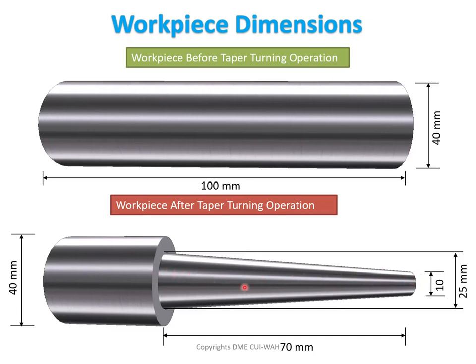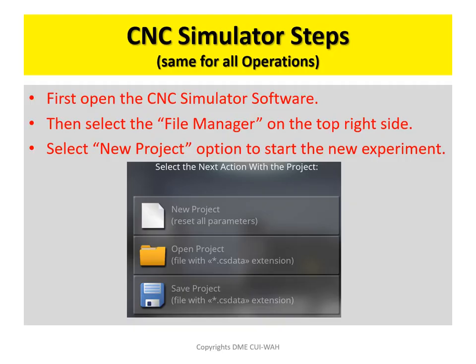In taper turning, diameter continuously decreases from left to right and in this case, dia is continuously decreasing from 25 mm up to 10 mm. This is taper turning, and this one is step turning. Here diameter is 25 mm and there diameter is 40 mm. This is step turning, and after step turning, this whole length is done by taper turning operation.